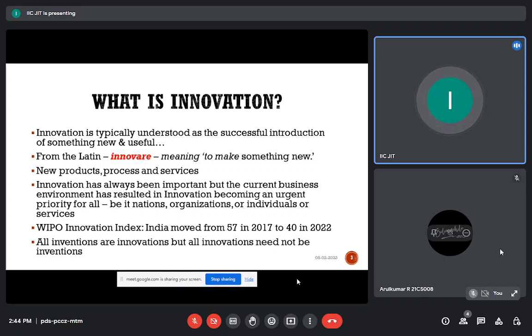We do not know when the next tsunami is going to attack us. We do not know when the next natural disaster is going to hit us. How are we better prepared in terms of facing this uncertainty, facing these disasters, facing these problems? So that is the need for innovation. Innovation makes us go forward.